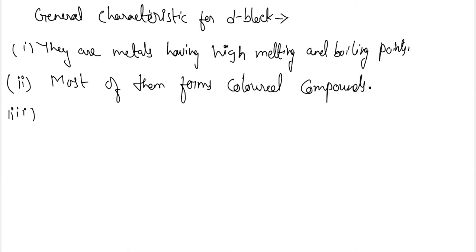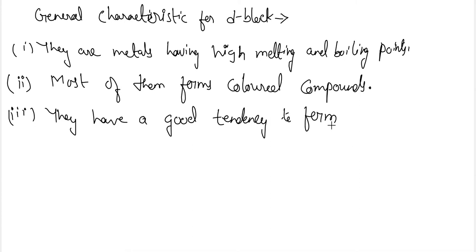Three, they have a good tendency to form complex compounds. What are these complex compounds? The compounds which have coordinate bonds are termed as complex compounds.